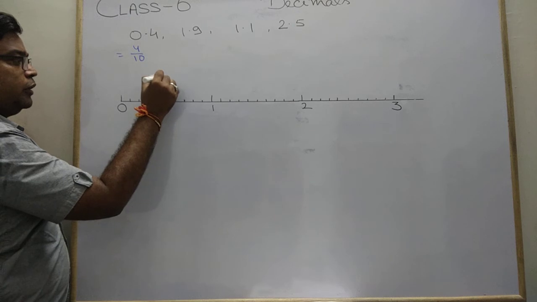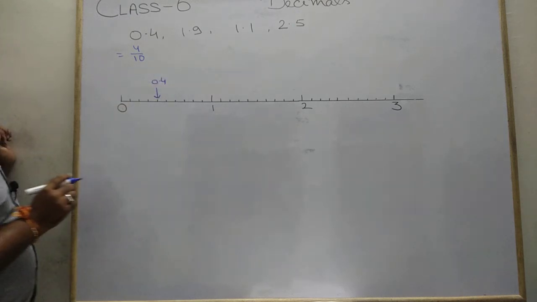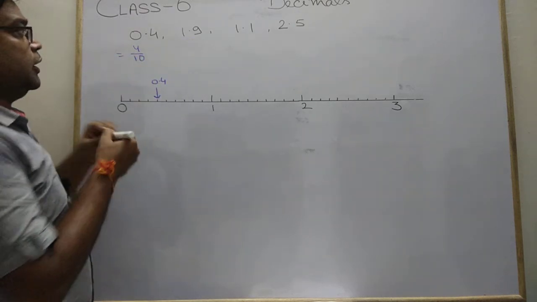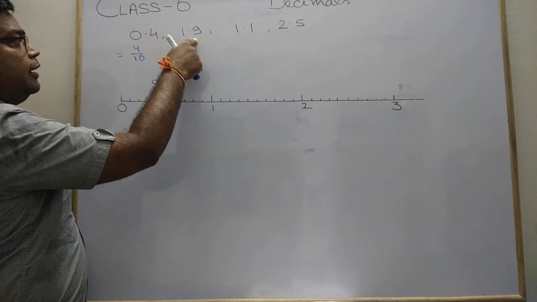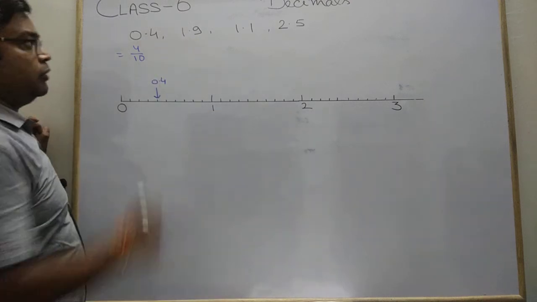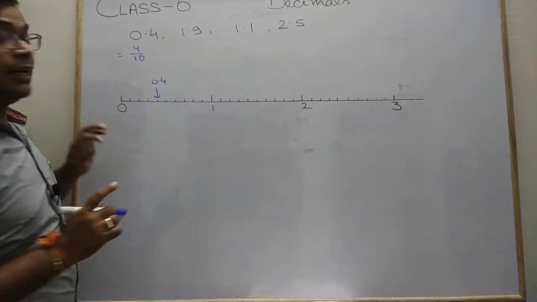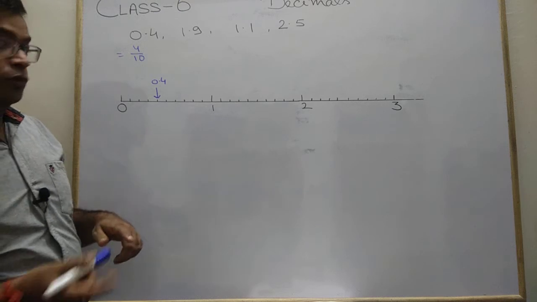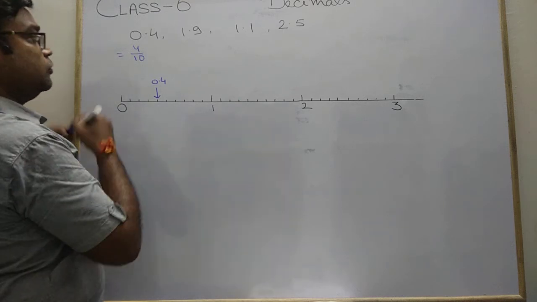and then you can write down 0.4. Likewise, 1.9 means what? This decimal number must be present in between 1 and 2 on a number line, because the value of 1.9 is greater than 1 but less than 2. So how do we write this one?